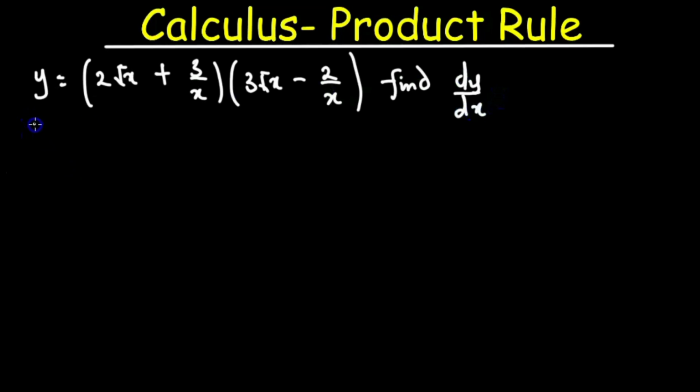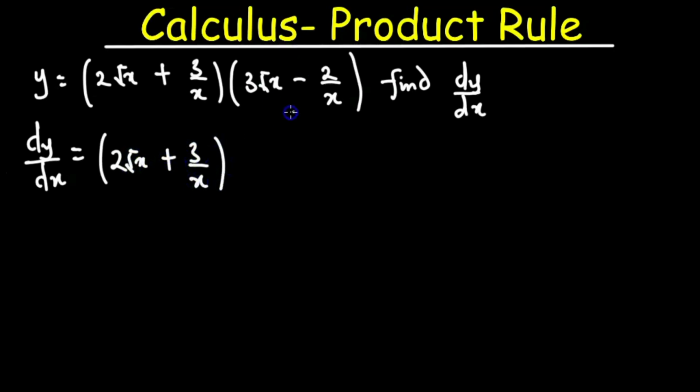Alright, so we're going to solve it the way we've been solving. Say dy/dx is equal to, drop this, 2 root x plus 3 over x, differentiate this guy. So to differentiate 3 root x, what do we have? It's the same as 3x raised to power half, right?